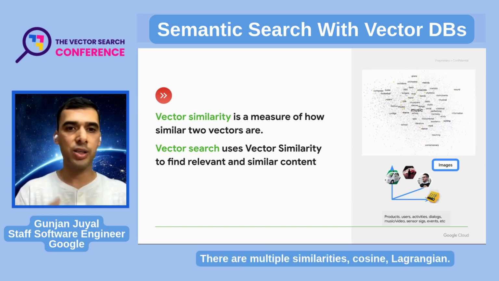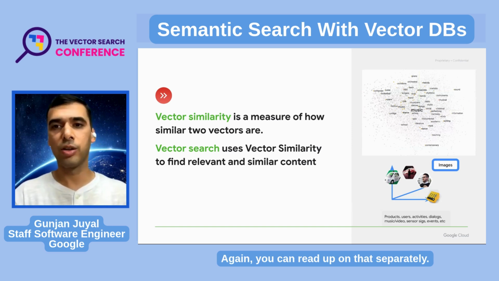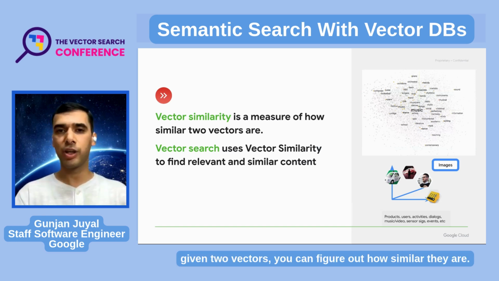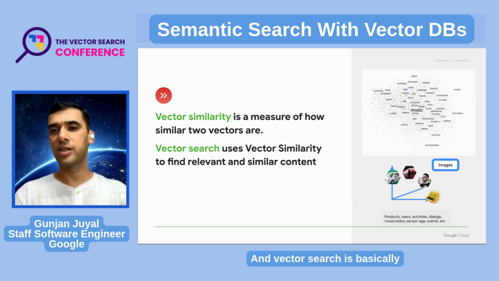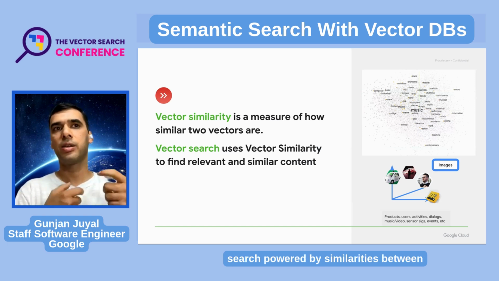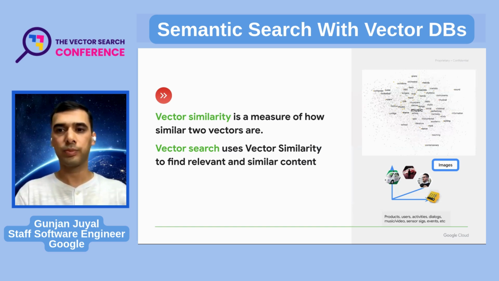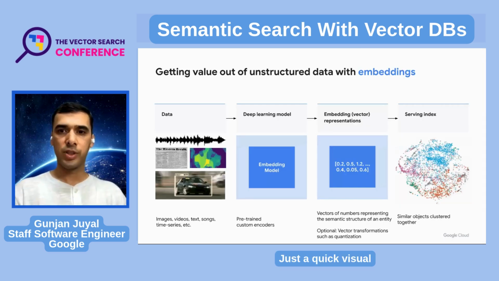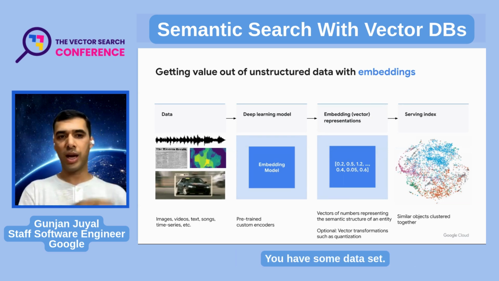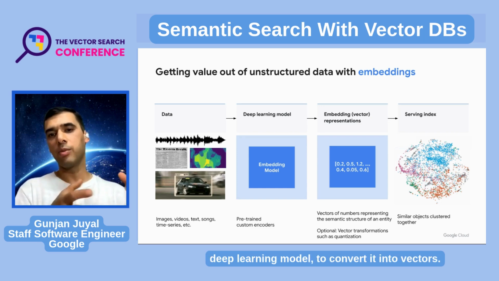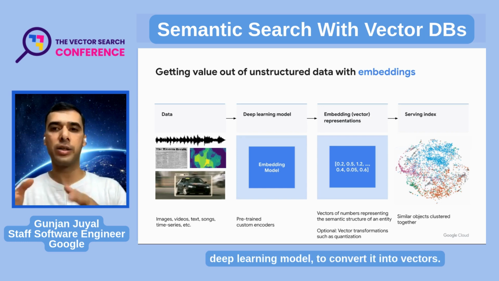There are multiple similarity measures, cosine, Euclidean. Again, you can read up on that separately, but for the purpose of this talk, given two vectors, you can figure out how similar they are. And vector search is basically search powered by similarities between these vectors. Just a quick visual representation of what this means. You have some data set, and then you use an embedding model, a deep learning model, to convert it into vectors.